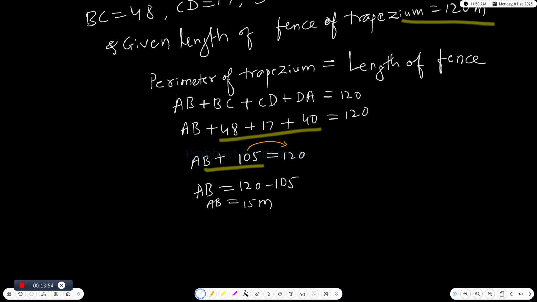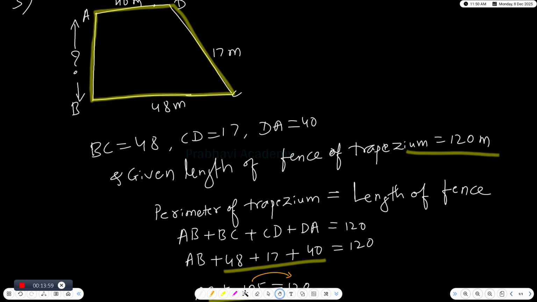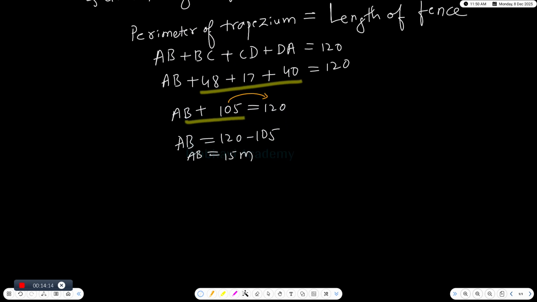15 meter. And that AB length itself is the height of this trapezium. You can see here. It's a perpendicular. So this becomes the height itself. Now this 15 meter is taken as height of the trapezium.